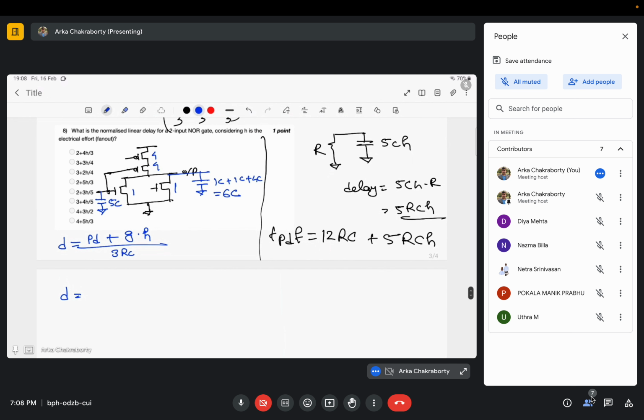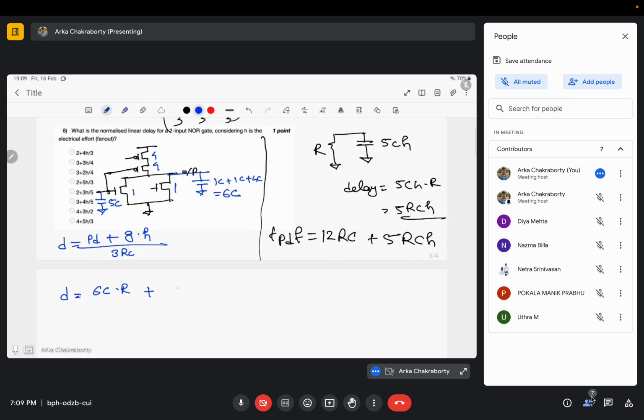Let us find it out. So propagation delay is 6C, that is the capacitance, into R. How much is R? R is my initial resistance, because I am designing it in such a way that my R doesn't change. That is, my rise time and fall time doesn't change. Okay, so 6C R is my propagation delay.